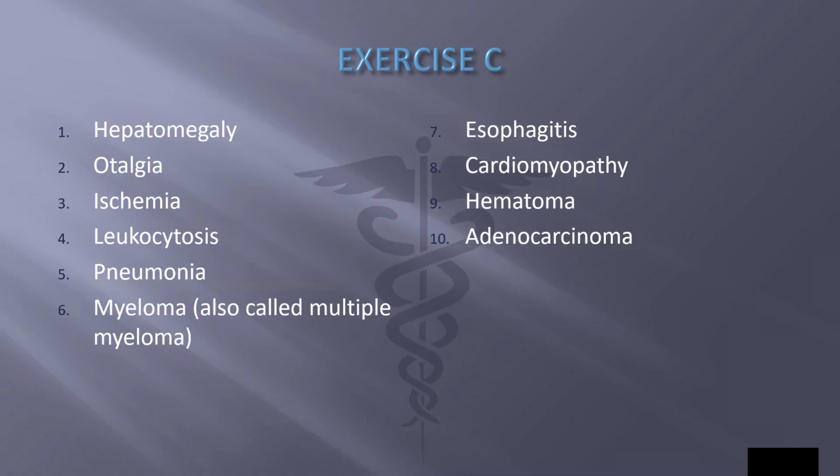So number 1, enlargement of the liver is hepatomegaly. 2, pain in the ear, otalgia. 3, holding back blood from an organ or depriving it of blood supply is ischemia.